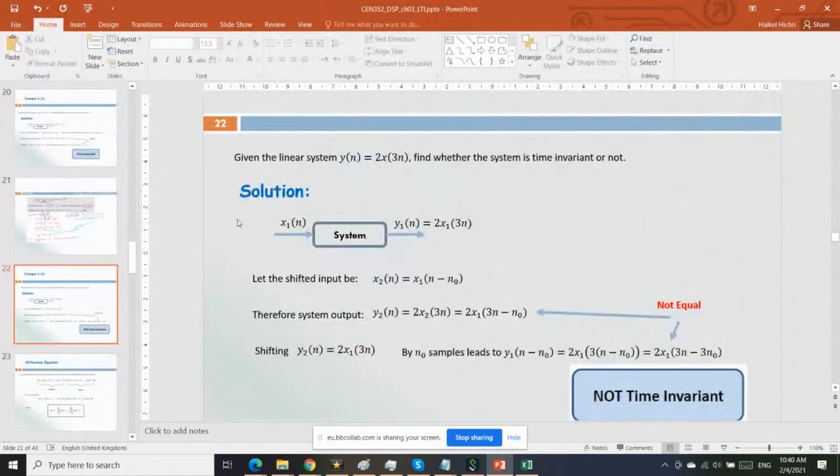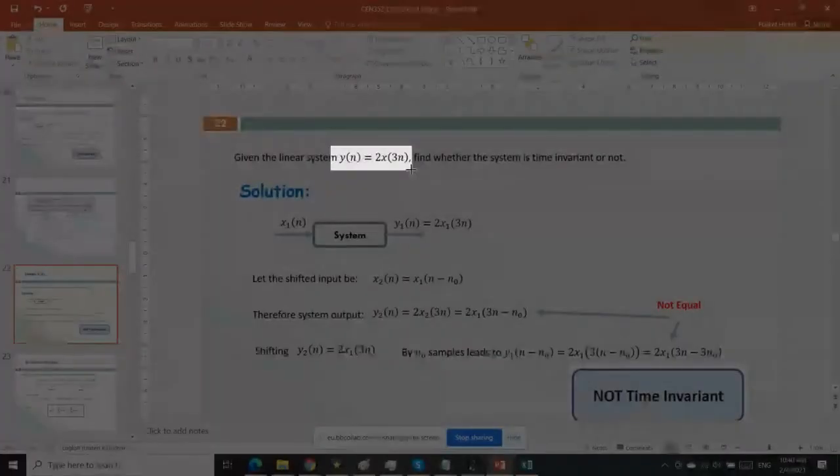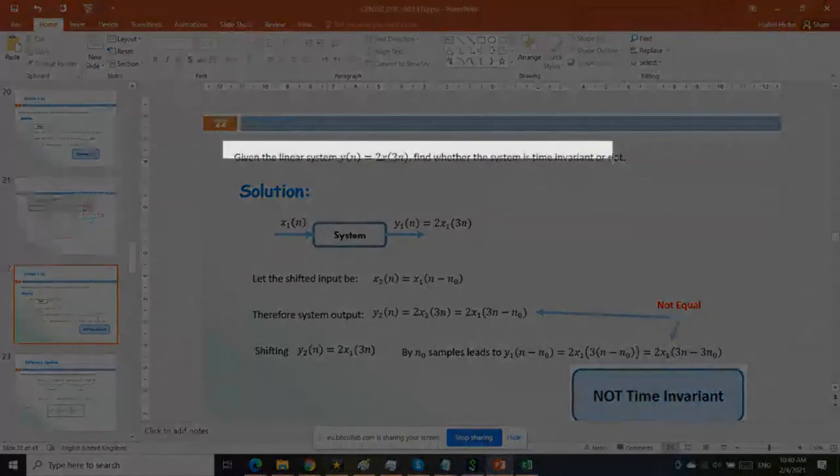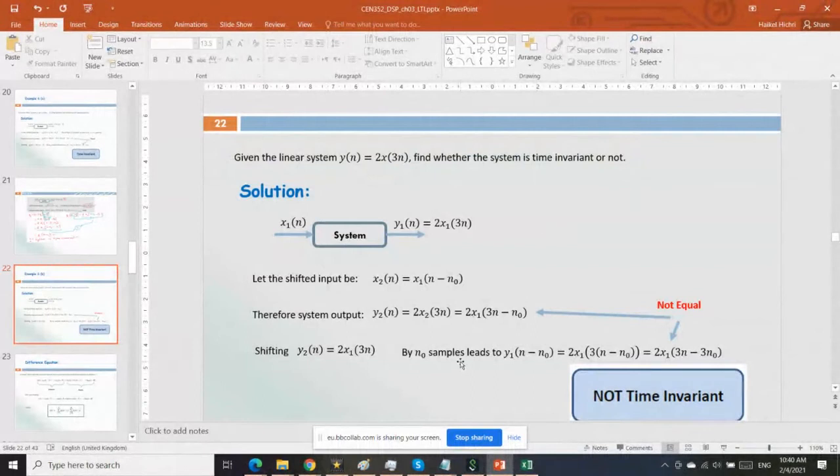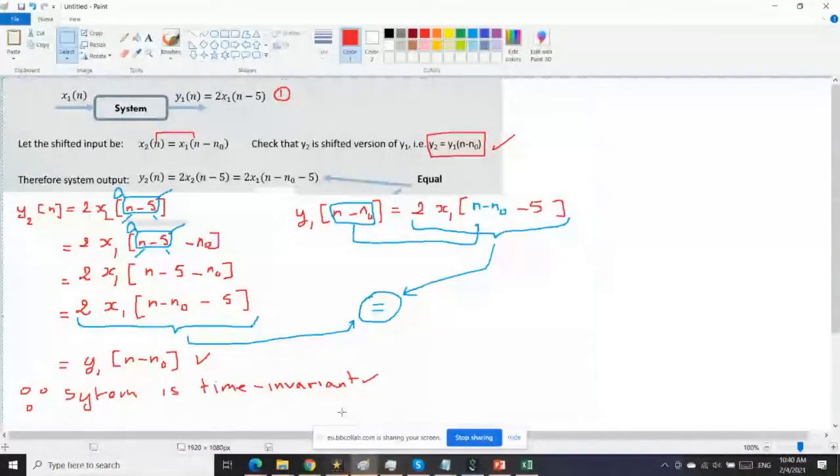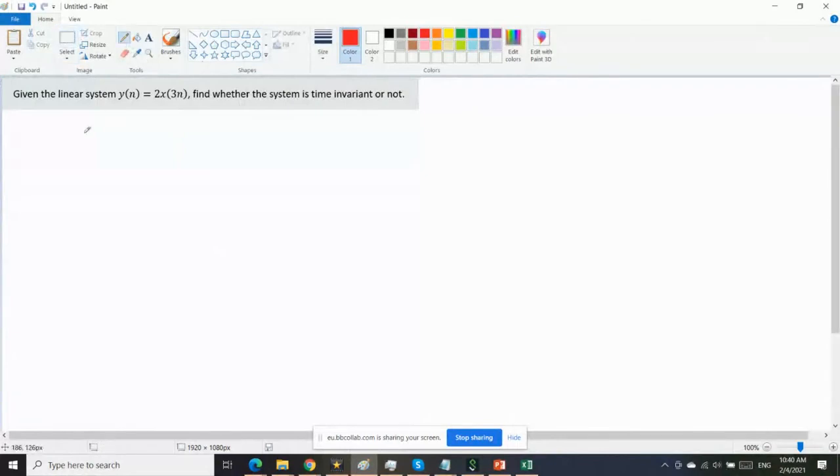Okay, next. Given the system y[n] = 2x[3n], find whether the system is time invariant or not. So we're given this. We assume that we have y1, which is the output of x1.